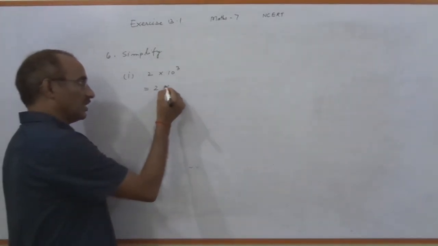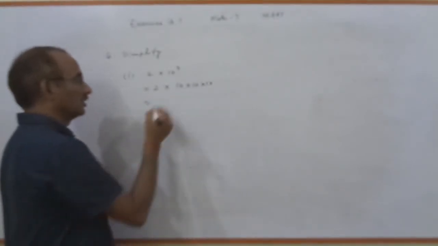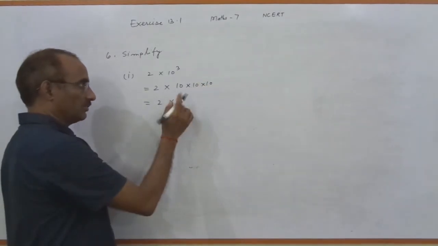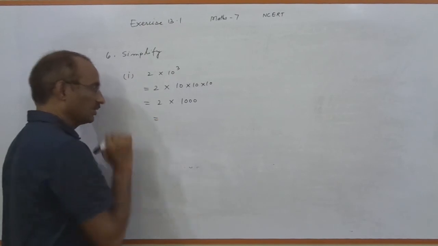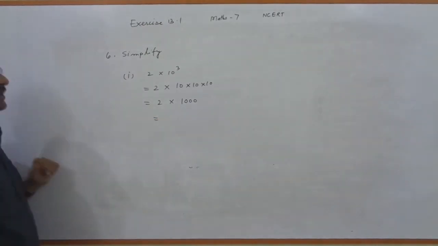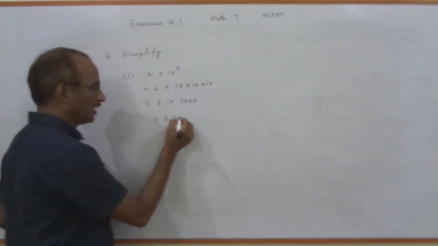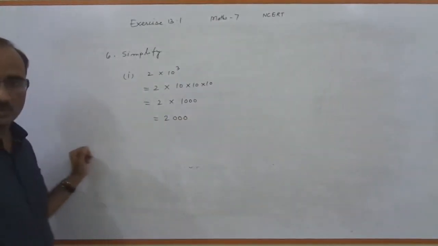It can be written as 2 into 10 into 10 into 10. 10 into 10 into 10 is equal to 1000. And if we multiply 1000 with 2, we get 2000.